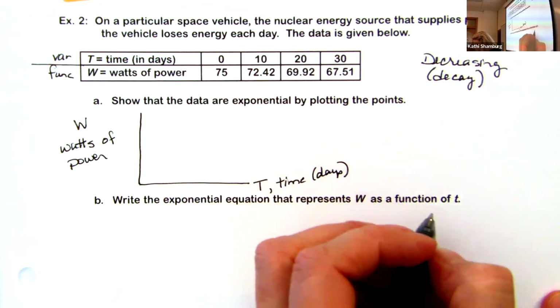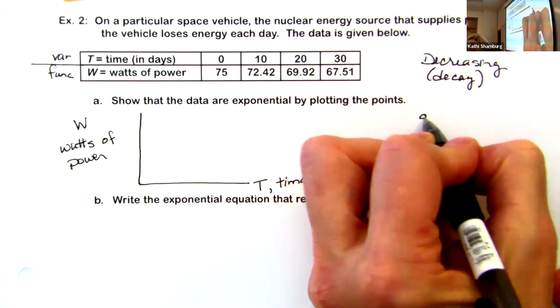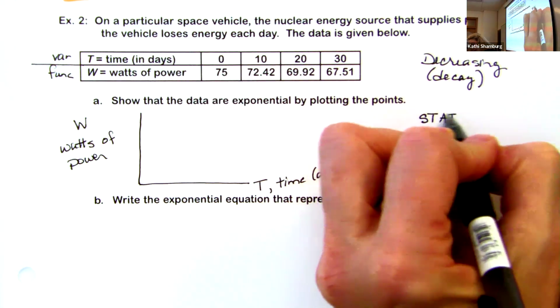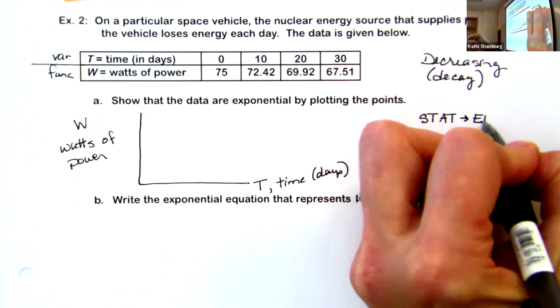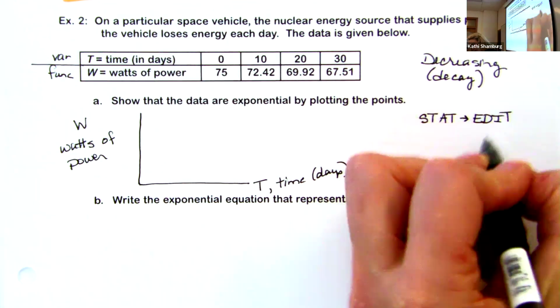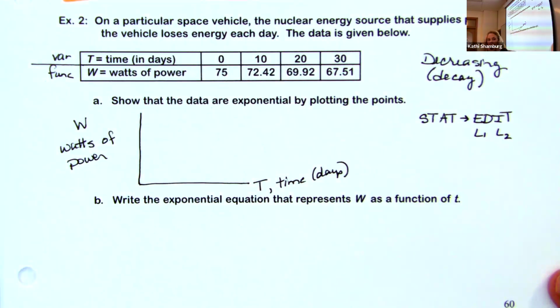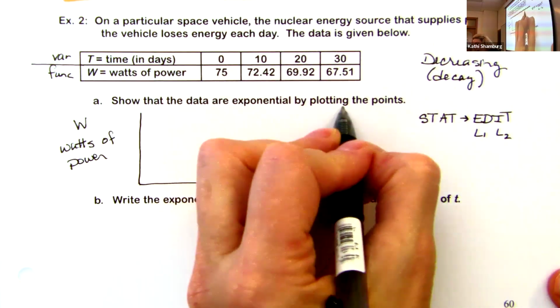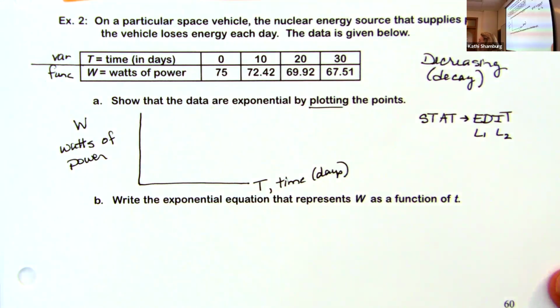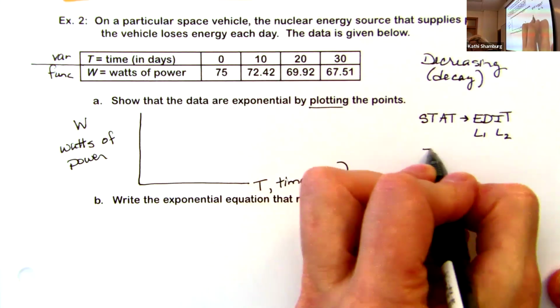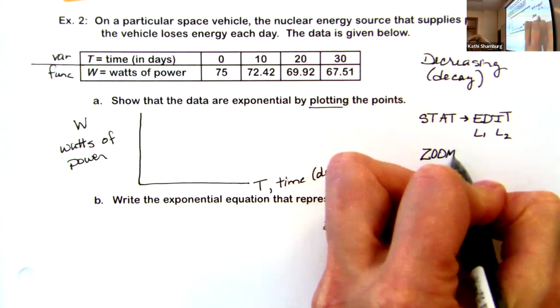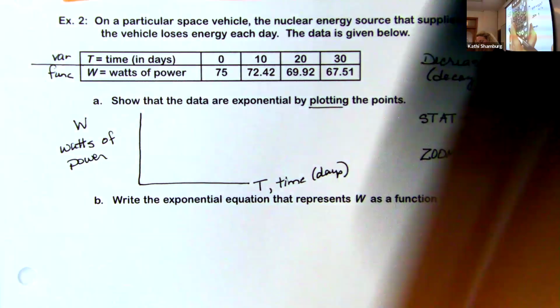All right, so you already went into stat, edit, and you entered list 1 and list 2. All right, so now if we want to plot those, what do I hit on my calculator? Zoom 9. All right.